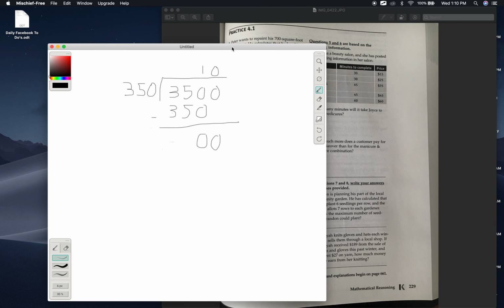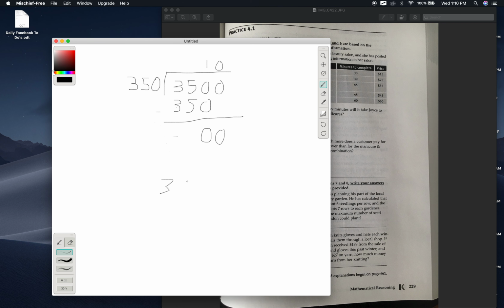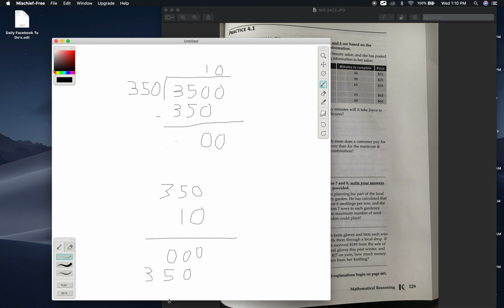You can actually check that by 350 times 10. 0 times 0 is 0. 0 times 5 is 0. 0 times 3 is 0. 1 times 0 is 0. 1 times 5 is 5. 1 times 3 is 3. Let's make this a little larger here.